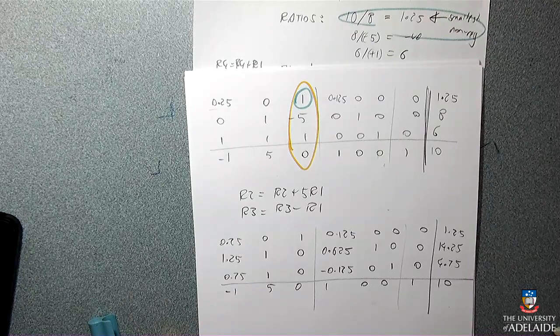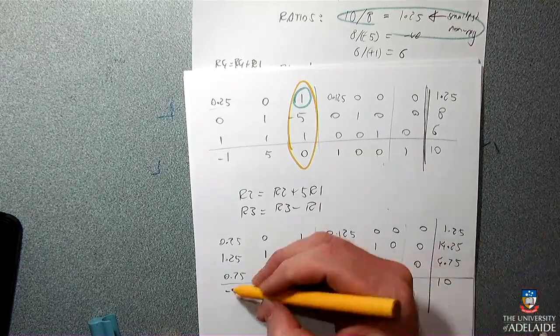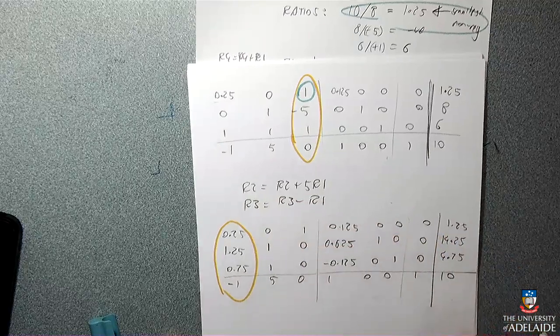If none of them were negative, I would have the answer. And if any of them are negative, I choose the biggest negative answer. That's my pivot column there. And then I do my ratios.